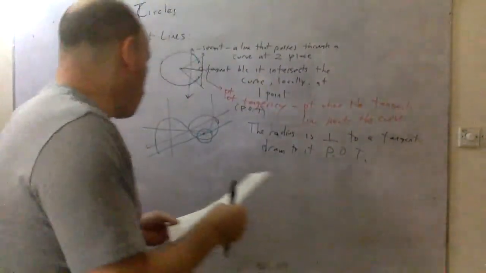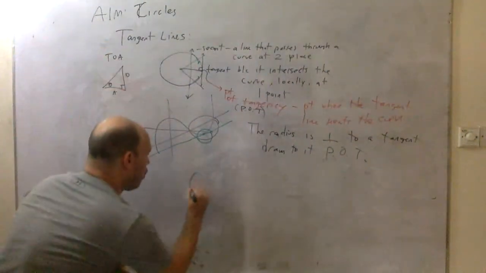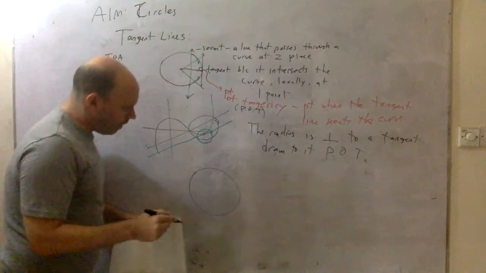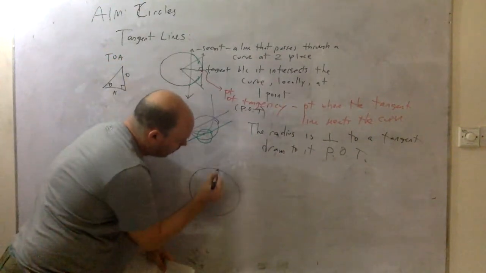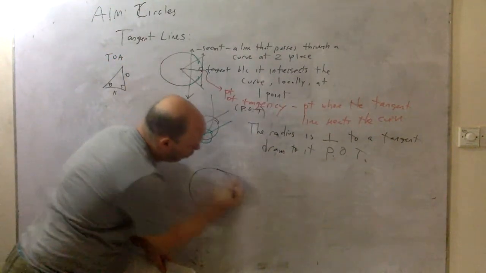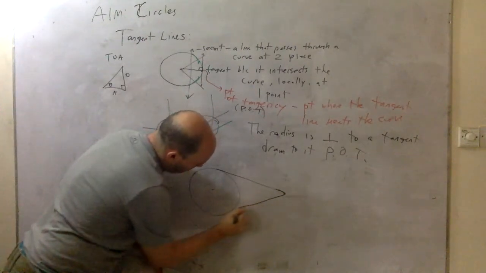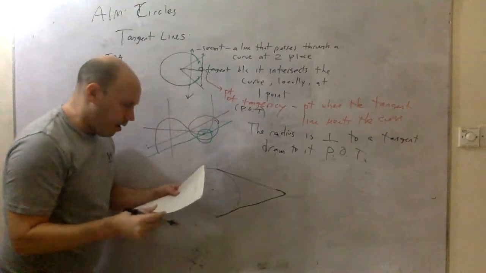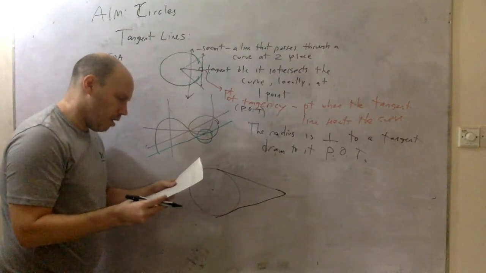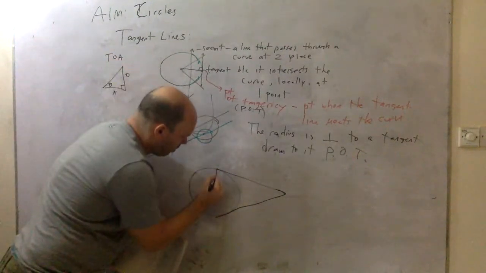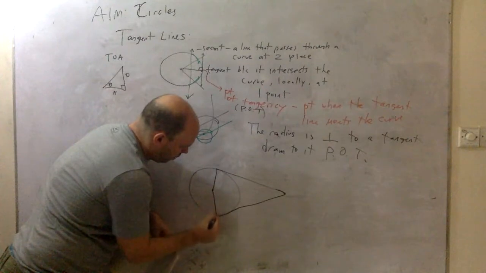And so let's just do some exercises. For example, let's take a circle right here, and I have the radius. I have two tangents drawn from a point. So here's the diagram.